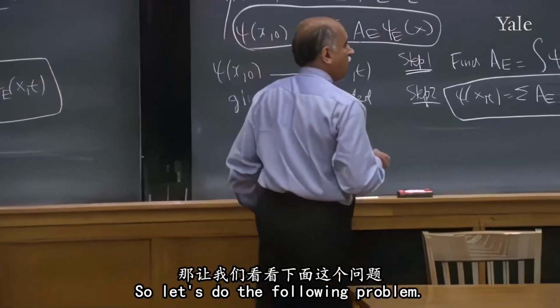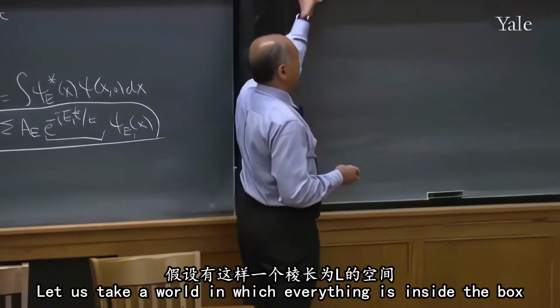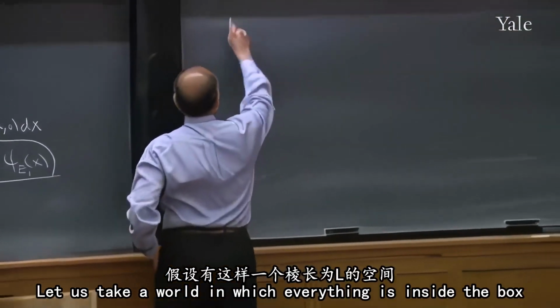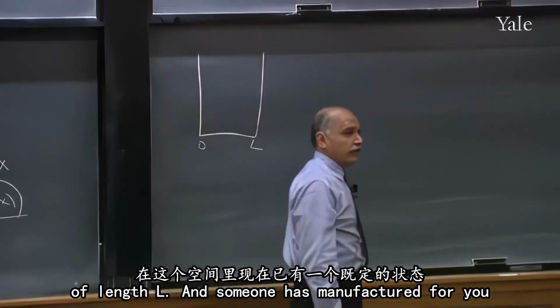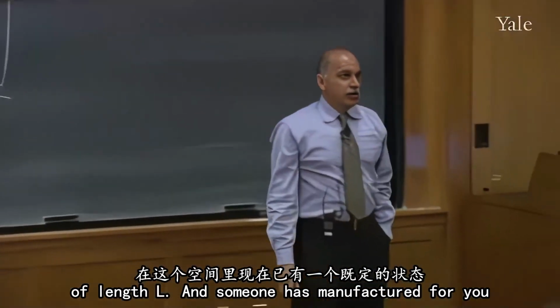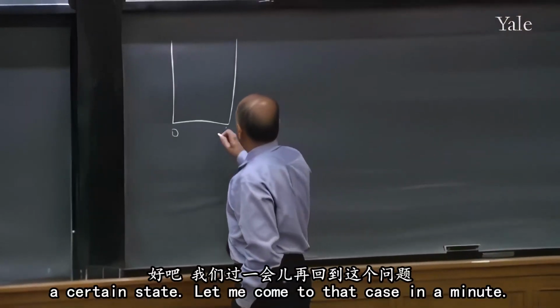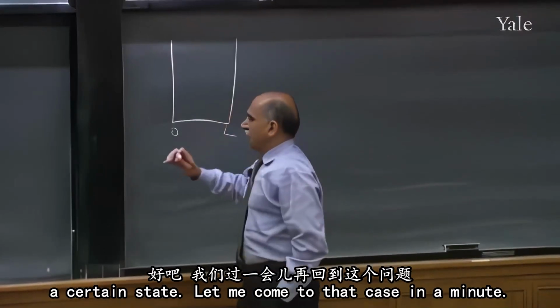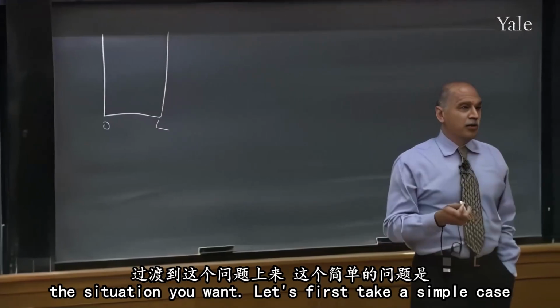Okay, so let's do the following problem. Let us take a world in which everything is inside the box of length L. And someone has manufactured for you a certain state. Let me come to that case in a minute. Let me take a simple case and I'll build up the situation you want.